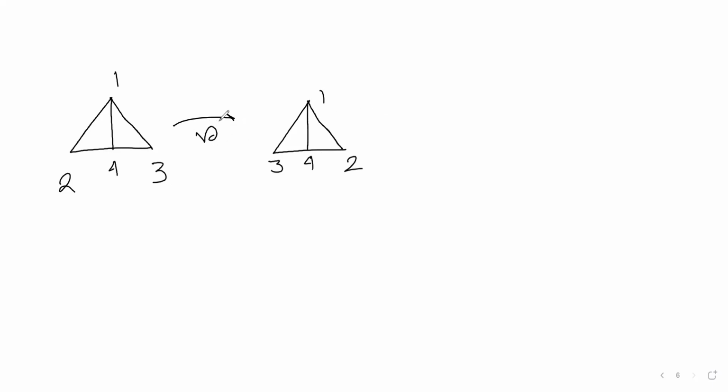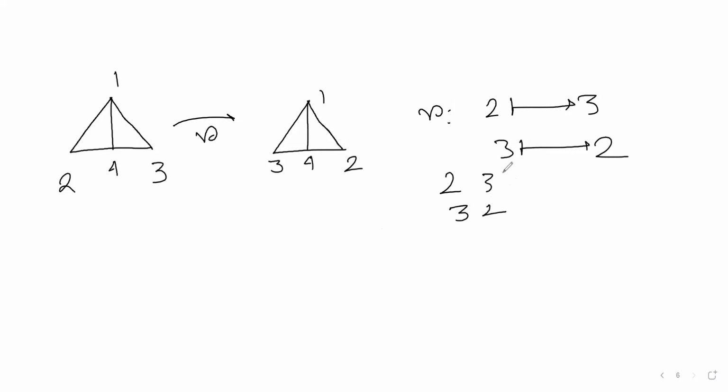So I denoted this transformation or this change as R. Then under R, 2 goes to 3 and 3 goes to 2, right? So if we write it as in the previous notation, 2 goes to 3 and 3 goes to 2. This is my R, and I will write it in shorthand as (2 3).